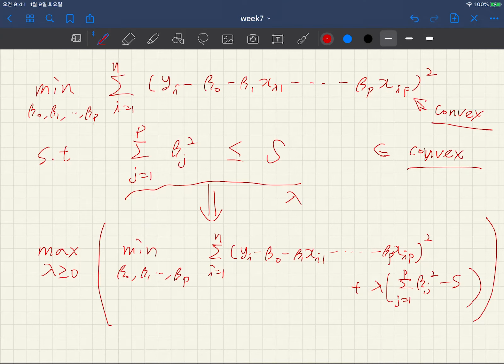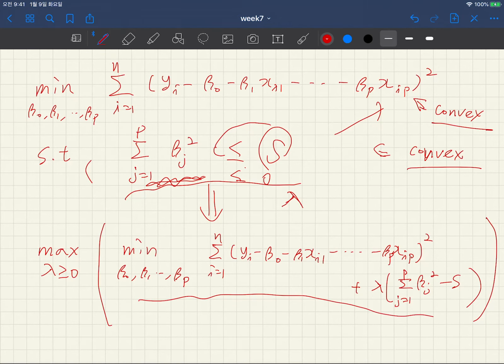The rule is to move this term over so that this value is in the condition less than or equal to 0. With this condition, you multiply by the Lagrange multiplier lambda and then move this constraint to the objective function. This is the form.